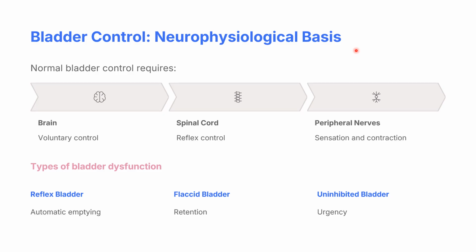That means to the last point, the bladder will keep on filling, filling, filling, until it gives way, and there will be a leakage of urine out of the bladder. That's dribbling of urine. And the last one is uninhibited bladder. That means even the smallest amount of urine collected will straight away empty. That means it's an urgency of micturition.